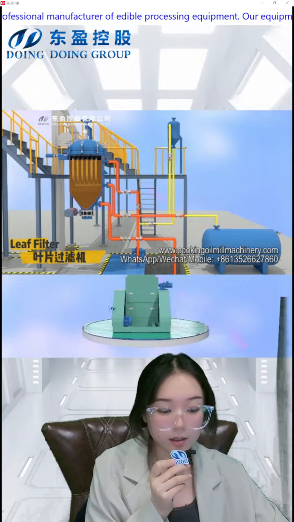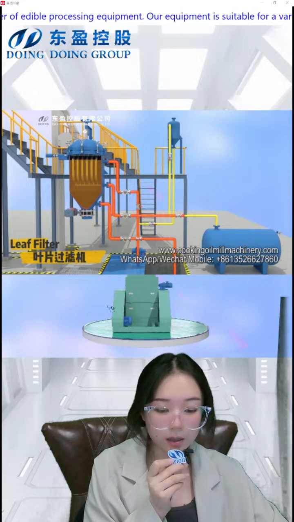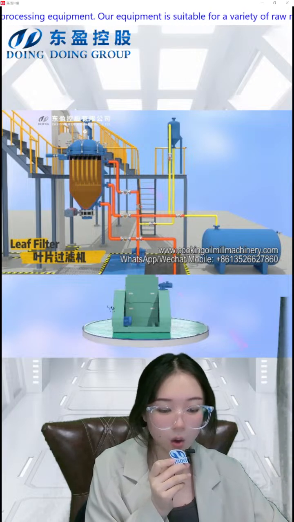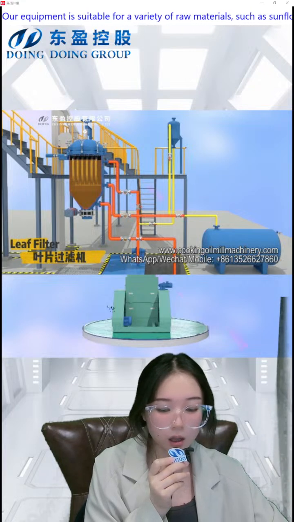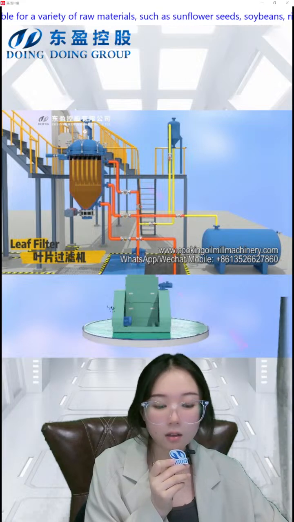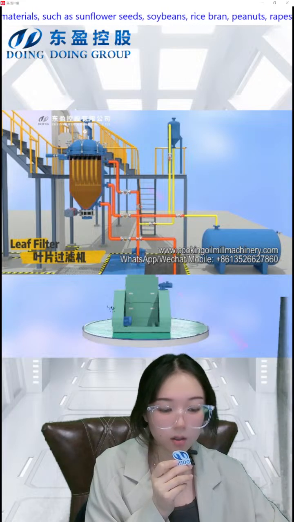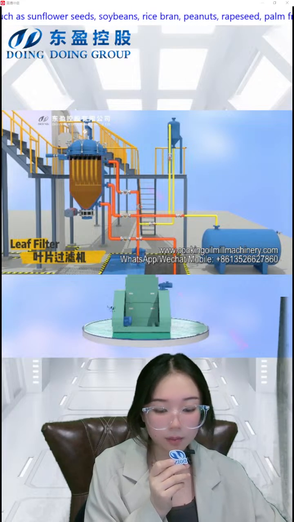There is another type of oil press, which is a strap press. Although it presses oil under greater pressure, it also causes high wear and tear on the machine, and the maintenance cost is relatively high.